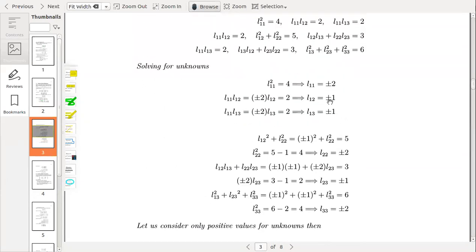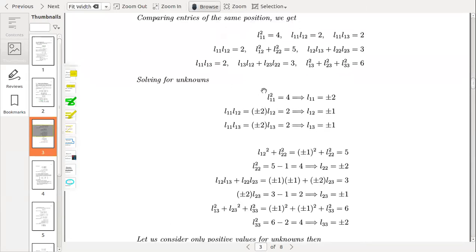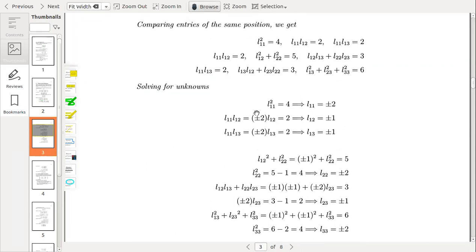Similarly, in the next equation, L11 L12 is equal to 2, so we replace this value here, and we get the unknown L12 is equal to 1. Similarly, L13 is equal to 1.